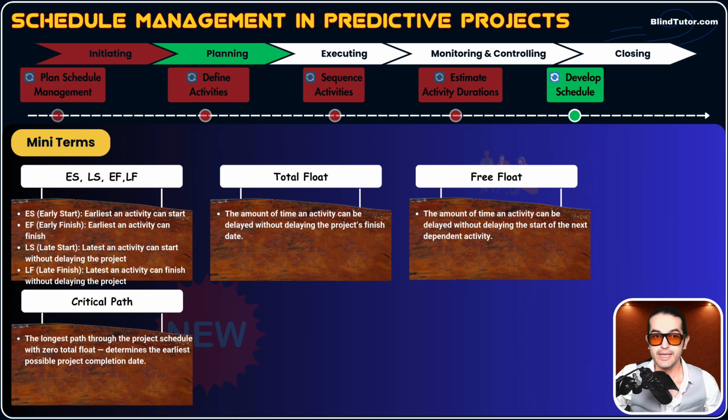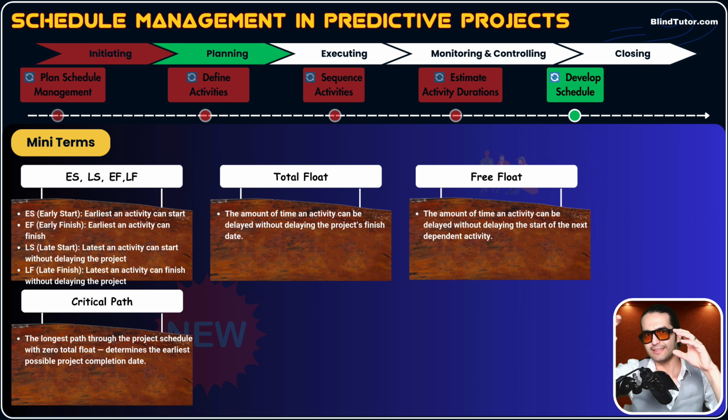Next term, critical path. Very, very, very important. Again, we're going to cover it in our example, but remember this. In a schedule network diagram, guys, we're going to have different paths. Remember the schedule network diagram? We had node A or box A, then B on the top and C on the bottom.